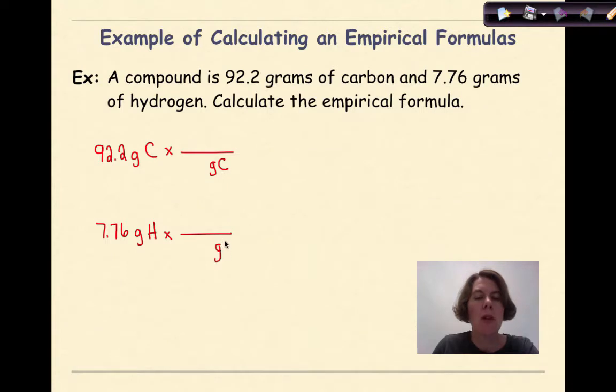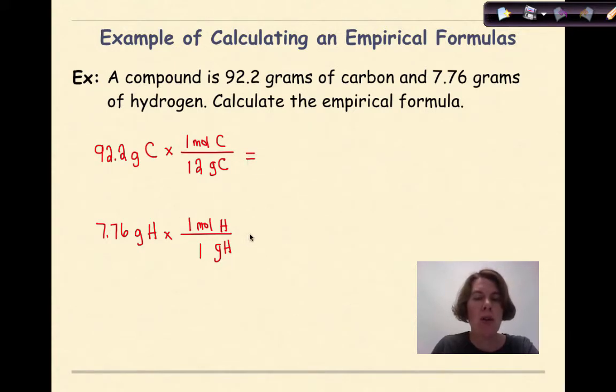Here we'll have grams of hydrogen. We want to convert to moles, so 1 mole of carbon will go on the top, and 1 mole of hydrogen will be on the top as well. I know that the atomic mass of carbon is 12, and that will equal 1 mole of carbon, and I know that 1 gram of hydrogen will equal 1 mole of hydrogen.